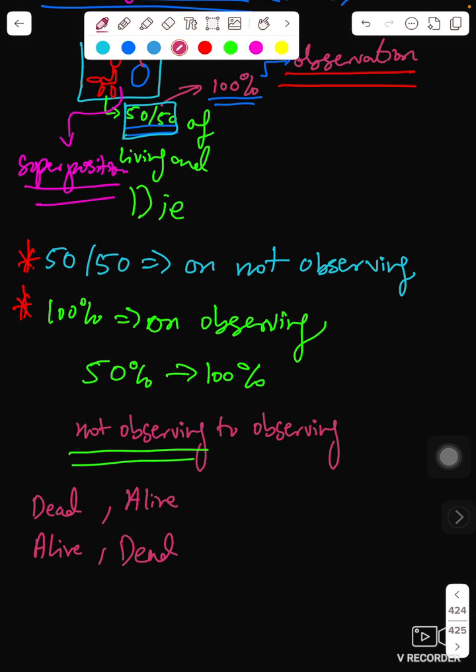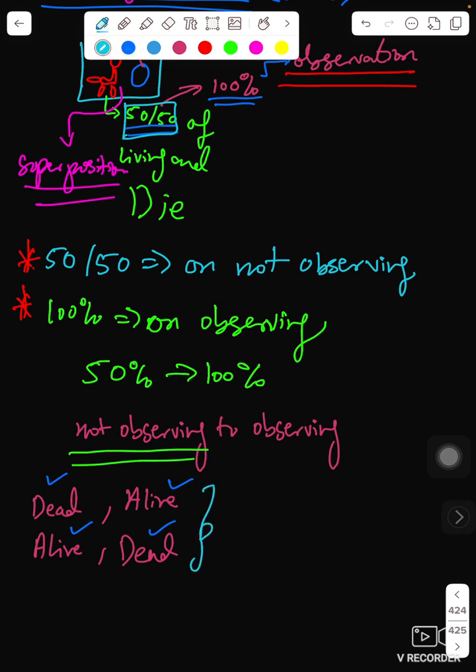Either we get alive or dead, or dead or alive. And on observation, if we observe it, either it will be dead or it will be alive. It will be alive and it will not be dead. So that's the scenario, right?